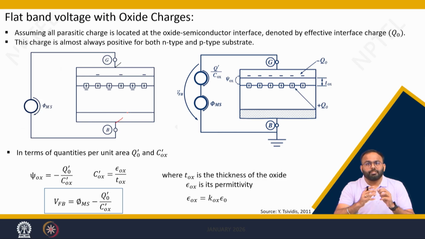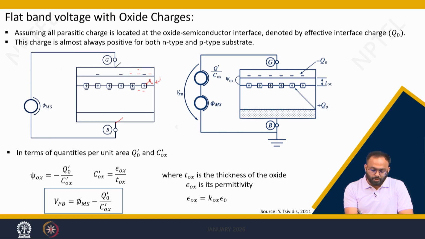In that condition we assumed that the silicon dioxide is ideal, but if we consider that the silicon dioxide does have some trap charges, then what will happen? These square boxes represent my Q naught, the oxide charge. Because of this positive oxide charge, some negative charge comes into the semiconductor and some negative charge comes into the metal plate.